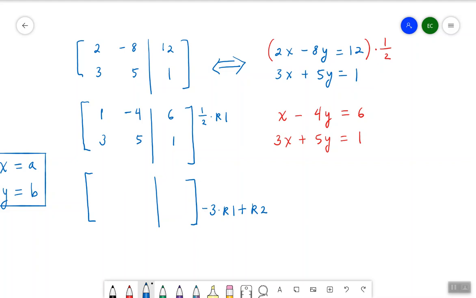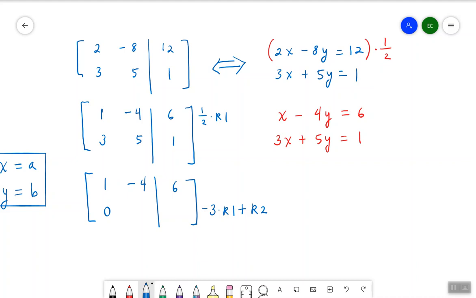And so the first row will stay the same. I'll just bring it down. And then what I'm claiming is that through this row operation, I'll get a 0 here in the first column in the second row. Okay, so in order to see why this works, let's go back to the equations.